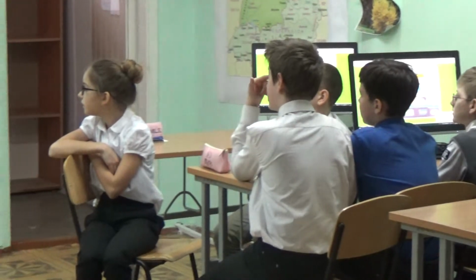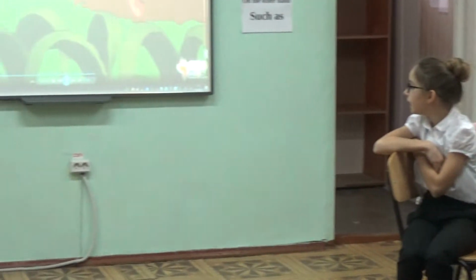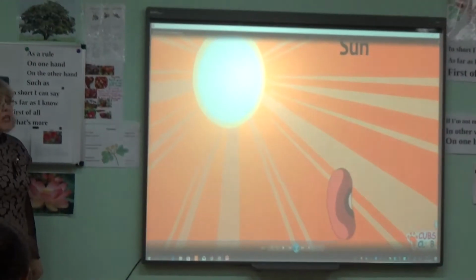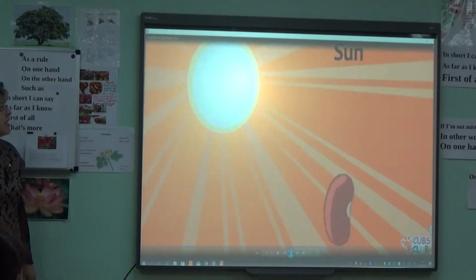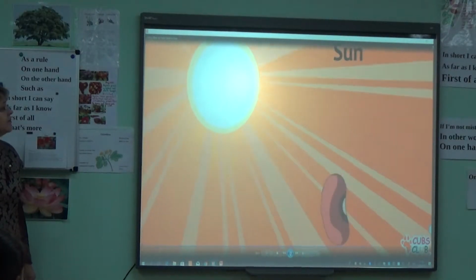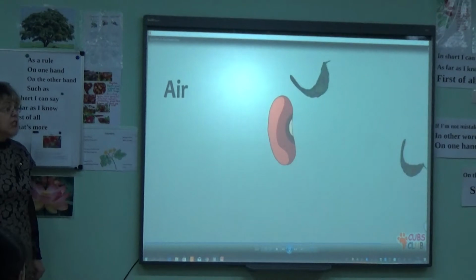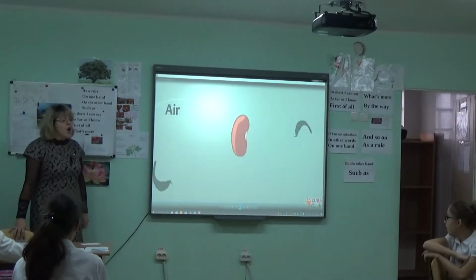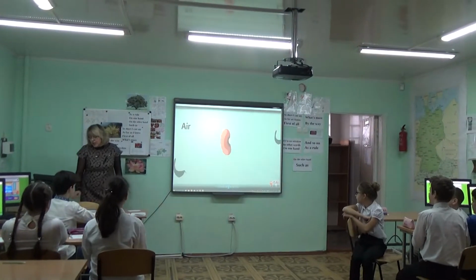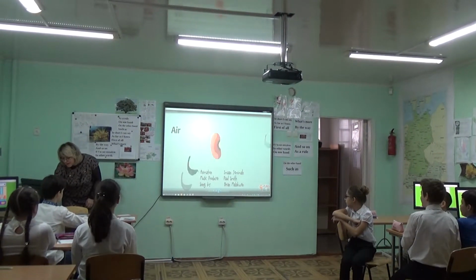I hope the root to grow, the seed needs space. The seed needs the sun, the seed needs the sun. I hope the root to grow, the seed needs the sun. The seed needs air, the seed needs air. I hope the root to grow, the seed needs air.